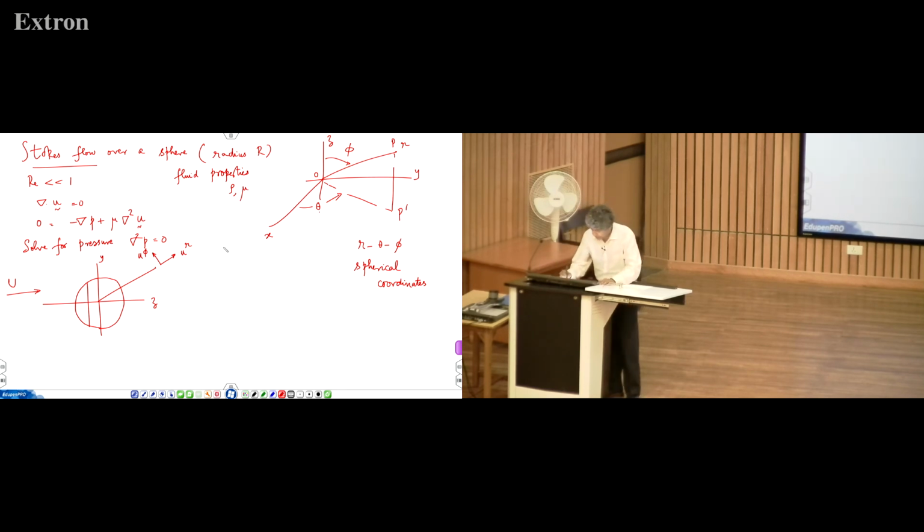If you treat the flow to be axisymmetric with respect to theta, theta is an angle that is defined on this cross sectional plane.